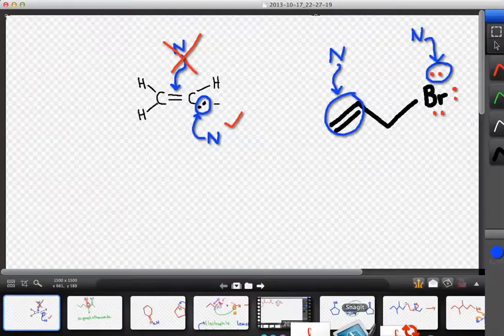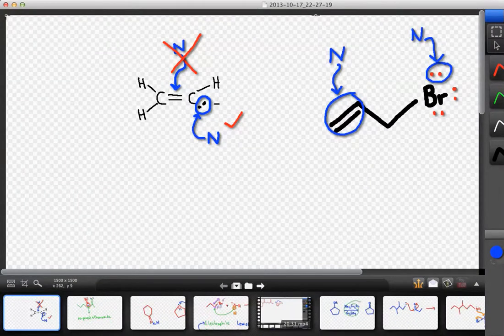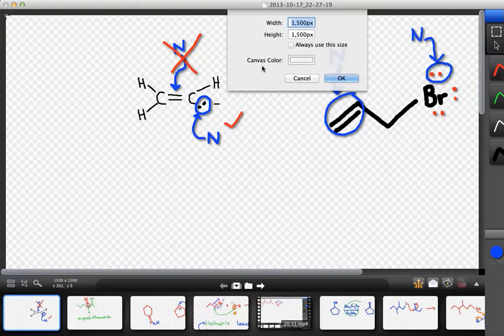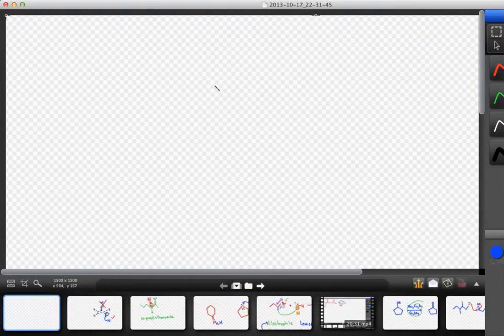So if we look at this molecule in a little bit more detail, phosphorus, bonded to 3 methyl groups. Just to be geometrically correct, I'm going to go ahead and use dashes and wedges because this actually has a pyramidal geometry.